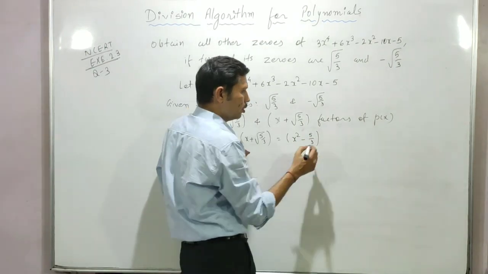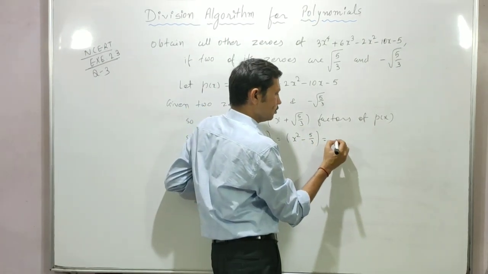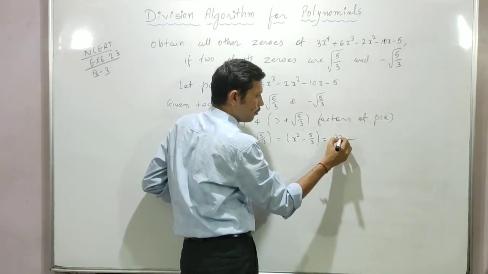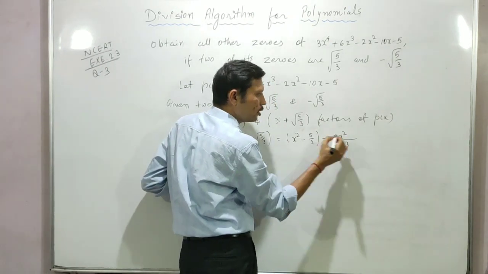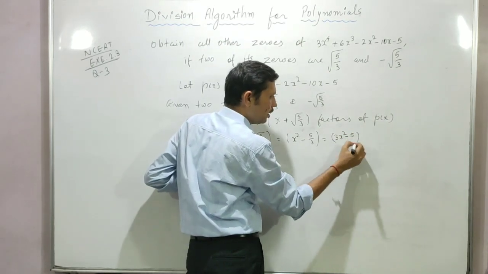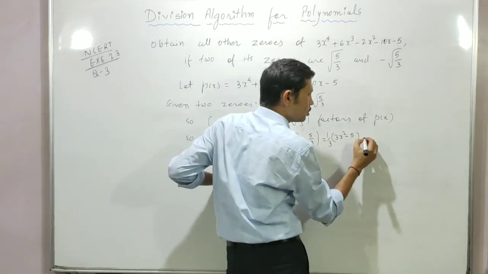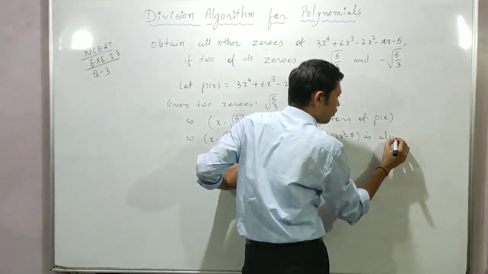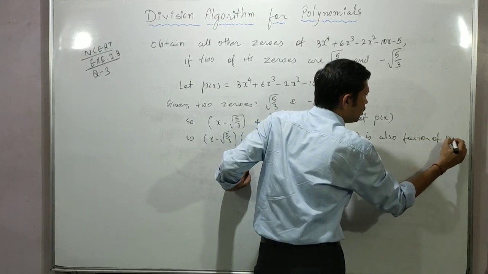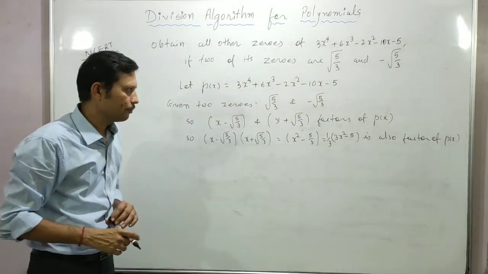When I take the LCM here, it is 3x square minus 5 divided by 3. Here LCM 3 is already there, so the numerator is as it is. This is also a factor of our polynomial.